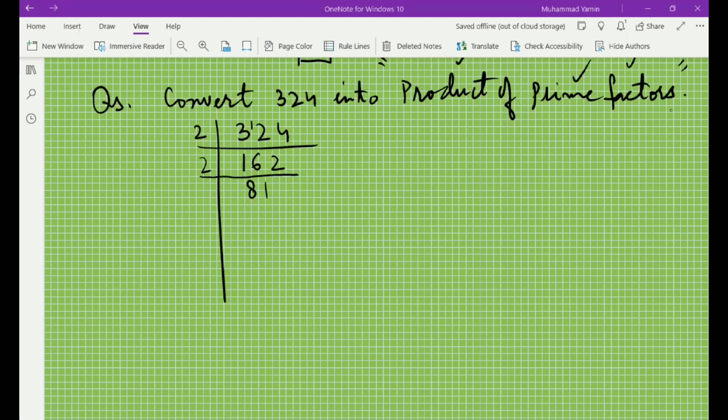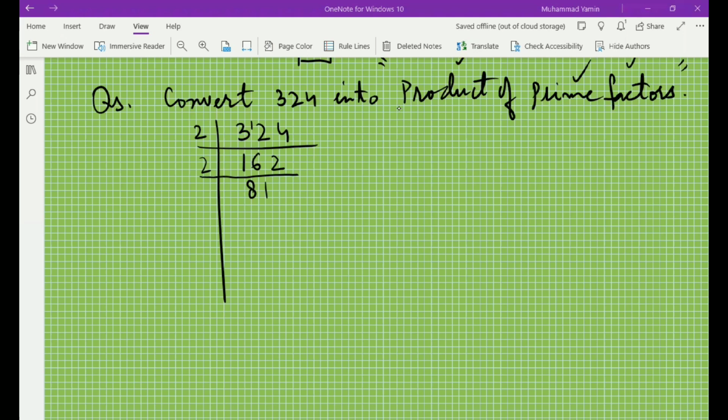So the next number should be taken here. No, wait, we will not take 9. We have to take prime numbers because it is said product of the prime numbers. Therefore, we have to take only the prime number. 9 is not a prime number.